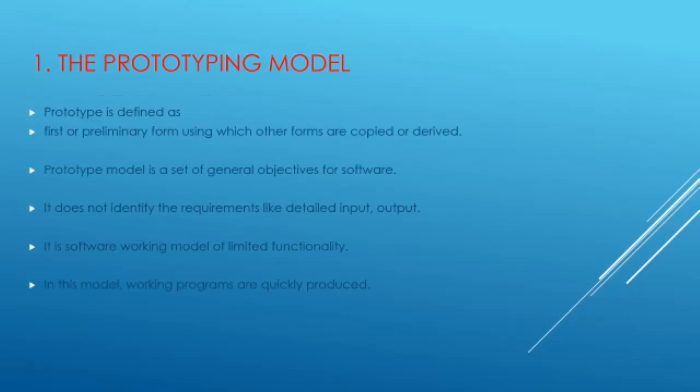First or preliminary form using which other forms are copied or derived. Friends, prototype model is a set of general objectives for software. It does not identify the requirements like detailed input, output.